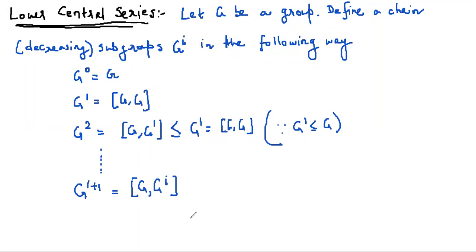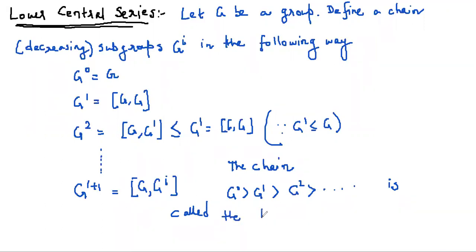Okay, so the chain G naught, G1, G2, and so on is called the lower central series. So this is the lower central series.